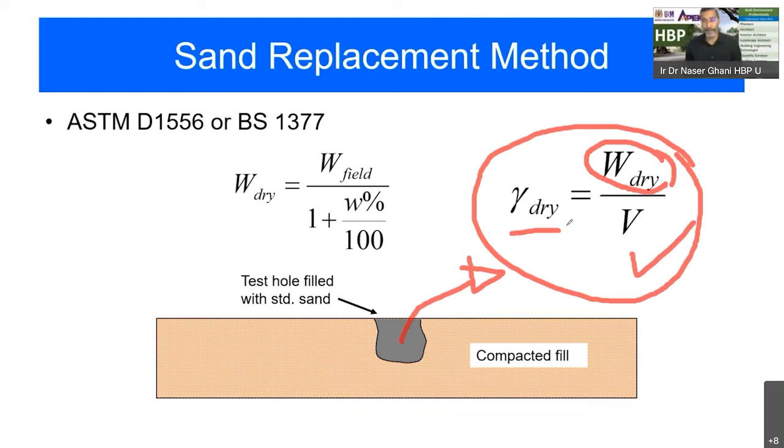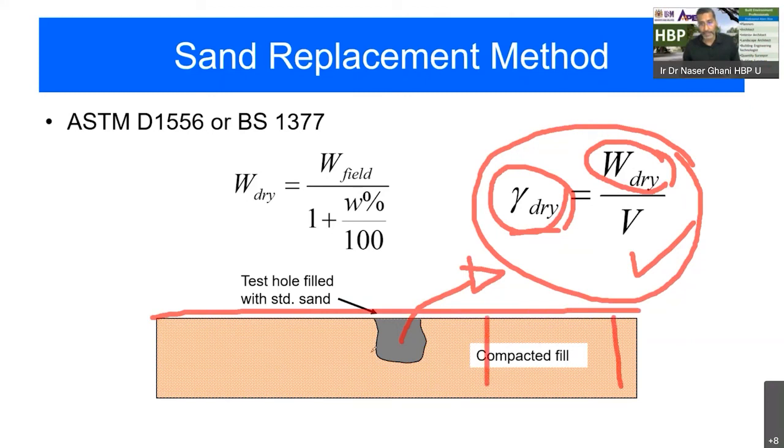And then this gamma dry, this figure here, will be benchmarked against the Proctor test result in the lab. So this will tell us if the compaction here, the soil that has been compacted here, has achieved the required standard. So basically that is the concept of the sand replacement method.